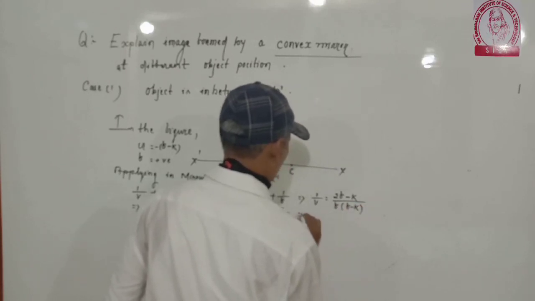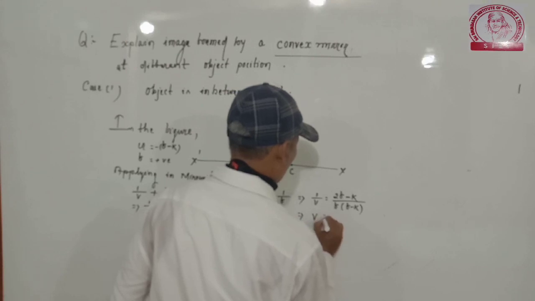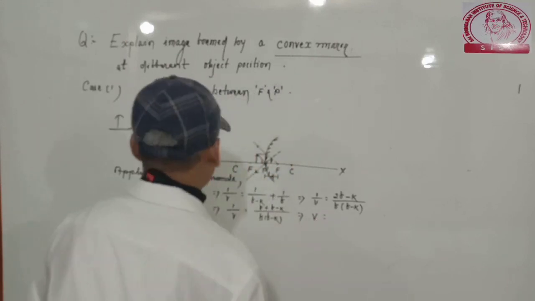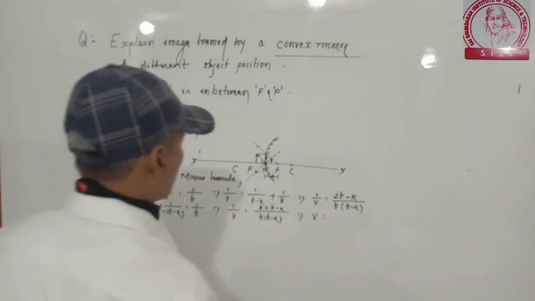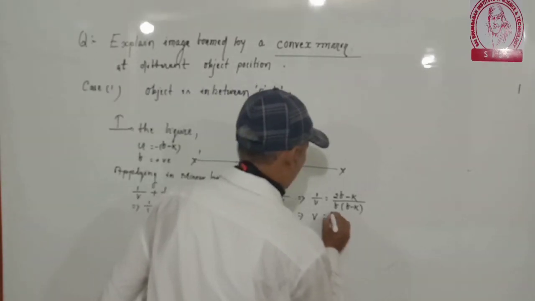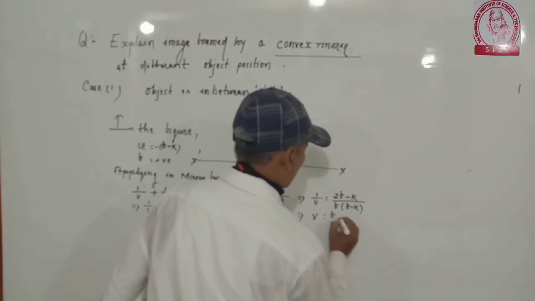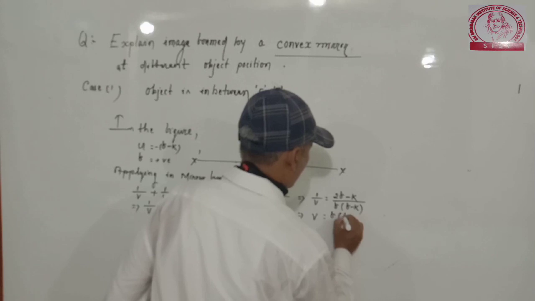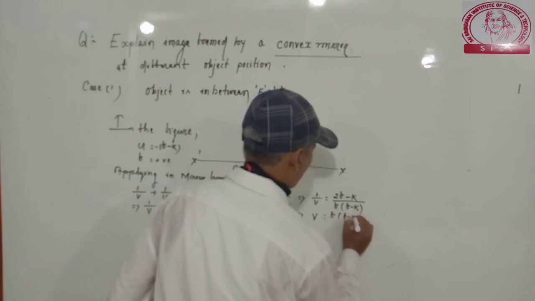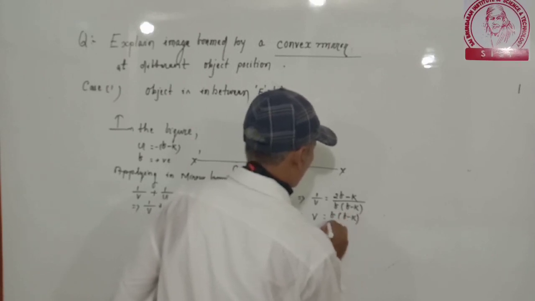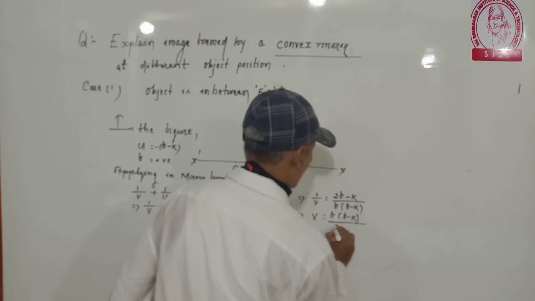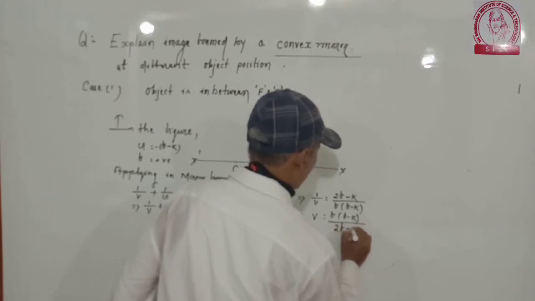Implies v is equal to f into (f minus k) whole divided by (2f minus k).